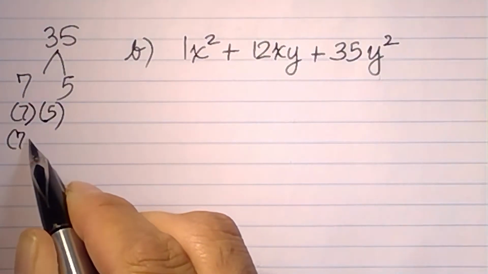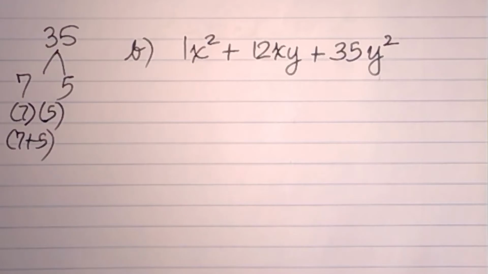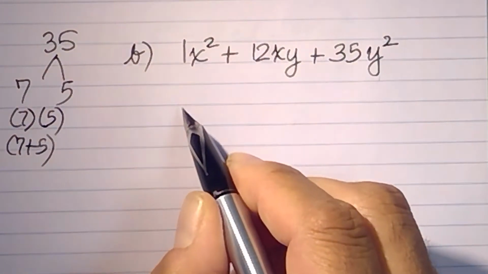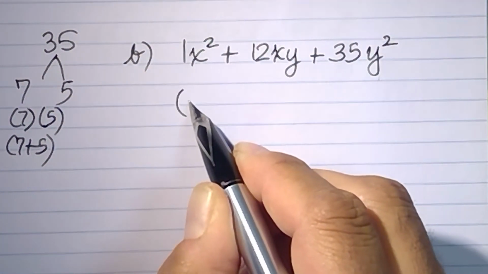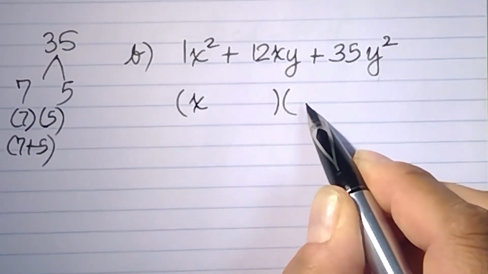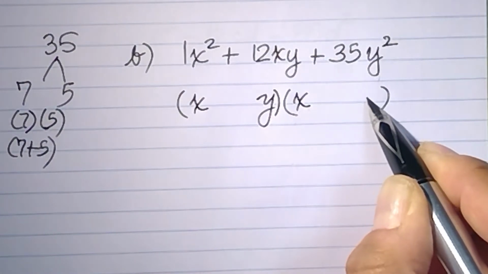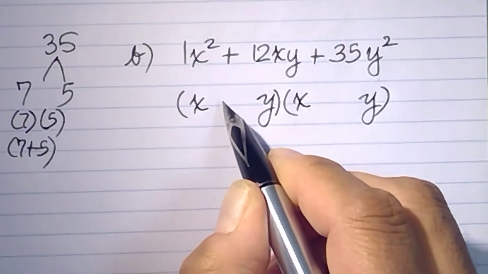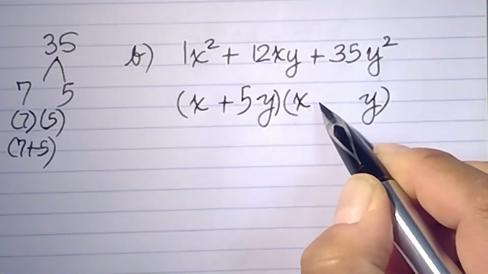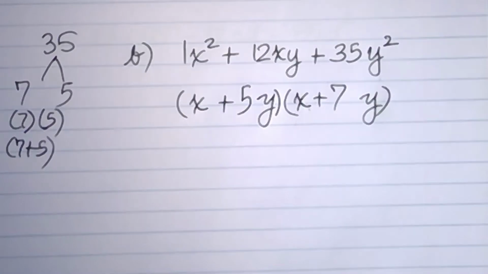I know 7 plus 5 will give me 12. So this could be x, I know I have a y, this could be plus 5y plus 7y.